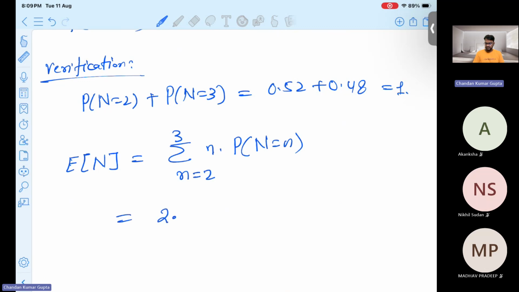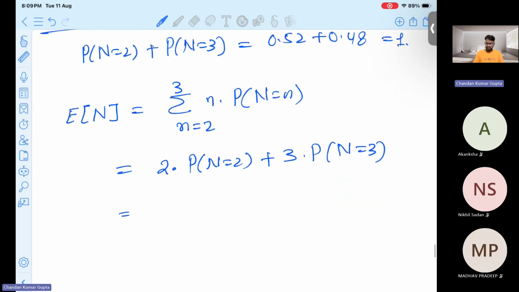So that means 2 times the probability that n equals 2 plus 3 times the probability that n equals 3. So 2 into 0.52 plus 3 into 0.48.